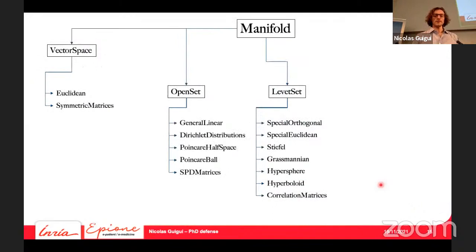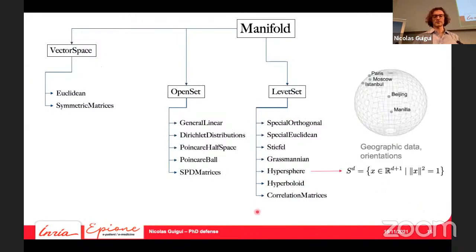So we implement a number of level sets classes in geomstats, for example, the hypersphere, in which case the submersion is a squared norm, and it is used in applications to model geographic data or orientations. We also have other ABCs for vector spaces. They are basically the embedding spaces.